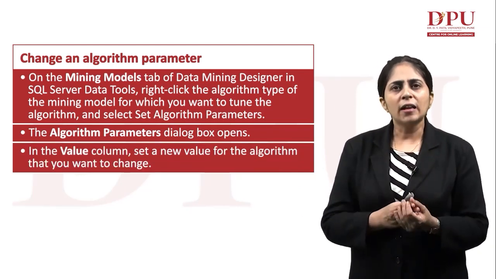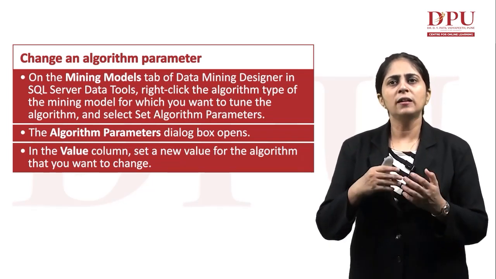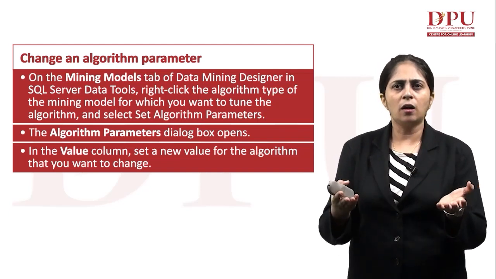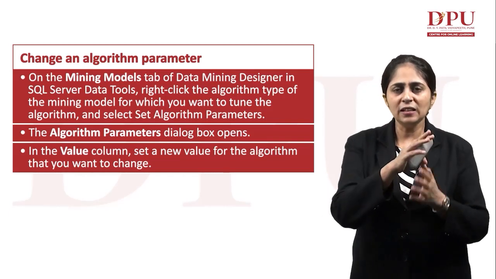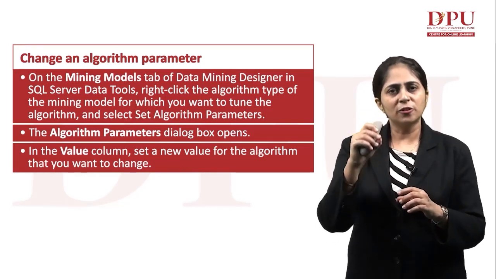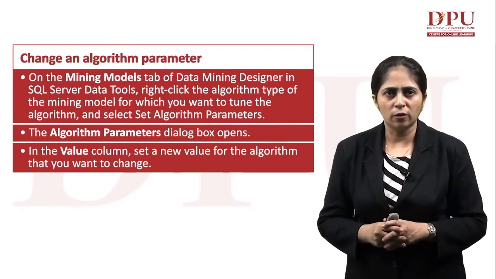Now, in the value column, we will set a new value for the algorithm parameter that you want to change. If you want to change the value as per your requirement, in the value column a particular column will be provided where you get the option of value. So you can set a new value at that point of time.